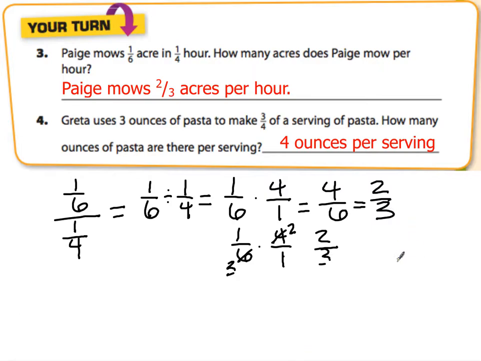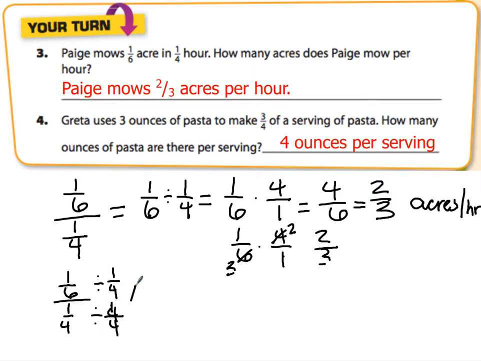Okay, so then now we get 2/3. So this becomes 2/3 acres per hour. Doing it this way is the same thing as saying if we would have done 1/6 over 1/4 and divided the top by 1/4 and divided the bottom by 1/4.